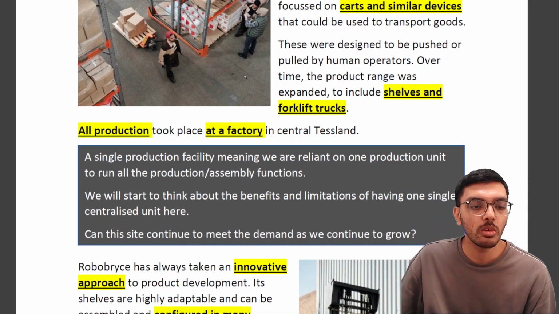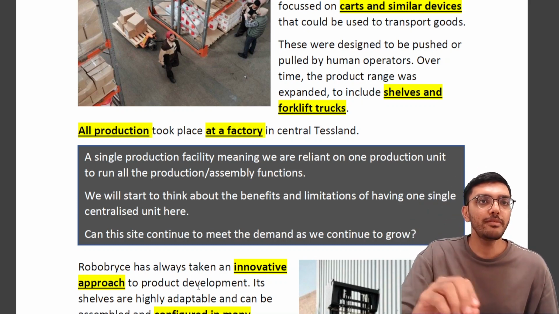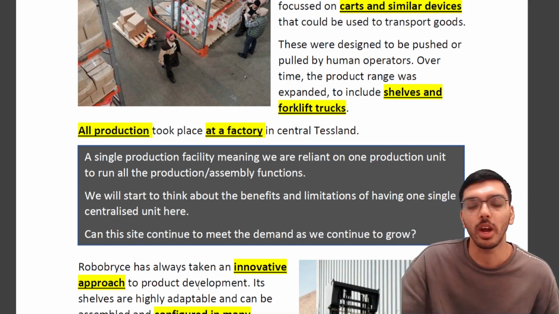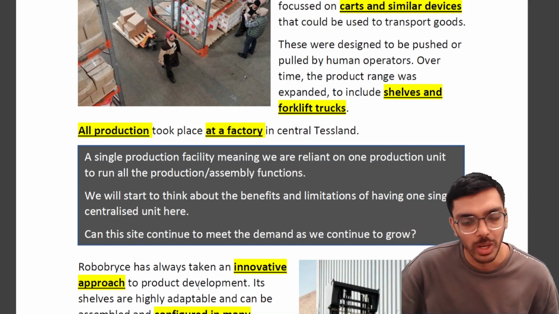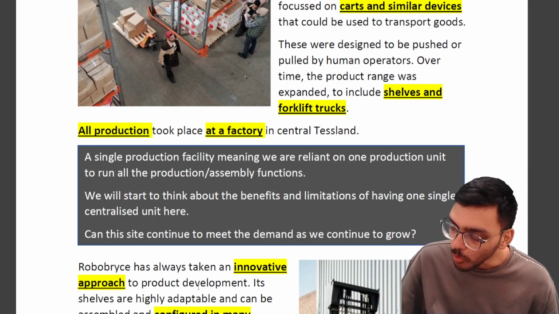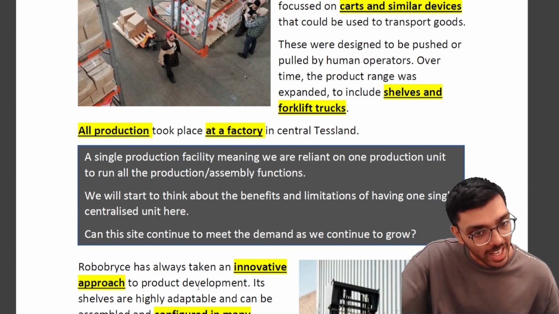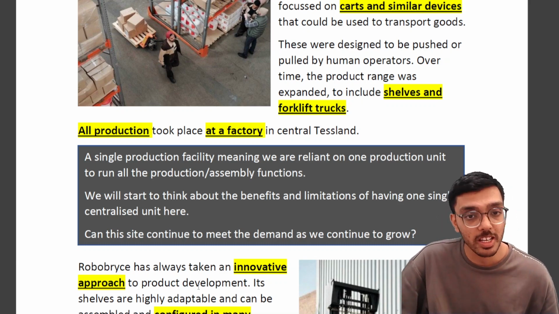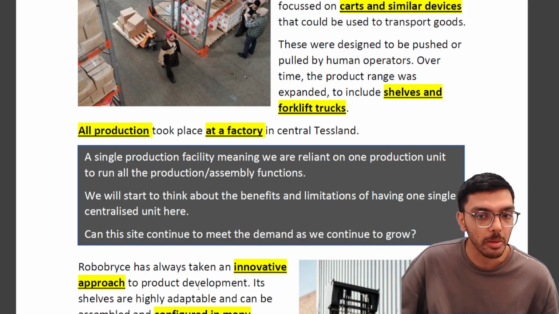But right now, let's pause the video here and think benefits and limitations of having one single centralized unit. I'm sure all of you will get ideas in your mind. Only then move on to the next part. So can this site continue to meet the demand as we continue to grow? These are questions which should start to come to your mind.